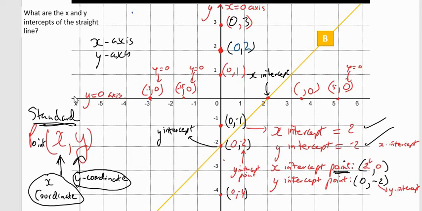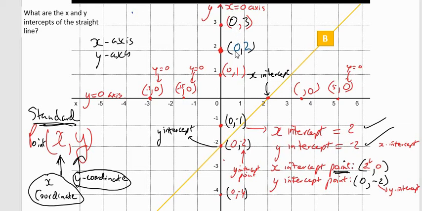An equation is basically an equal sign between two or more terms. Y is a term and 0 is a term. So it's an equation. The equation of this straight line, which is the x-axis, is y equals 0. The equation of the y-axis is x equals 0.